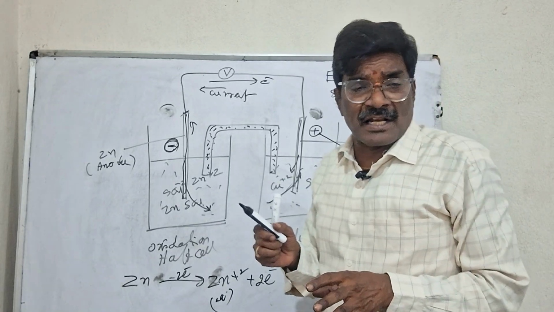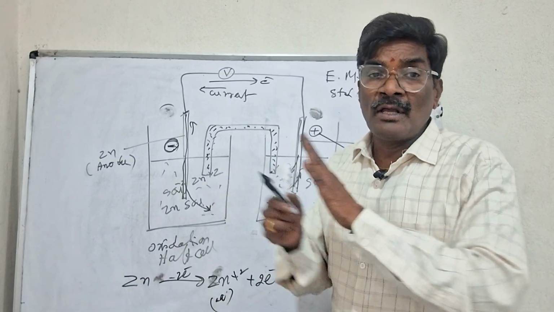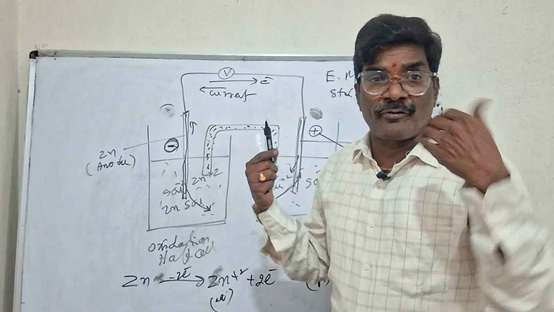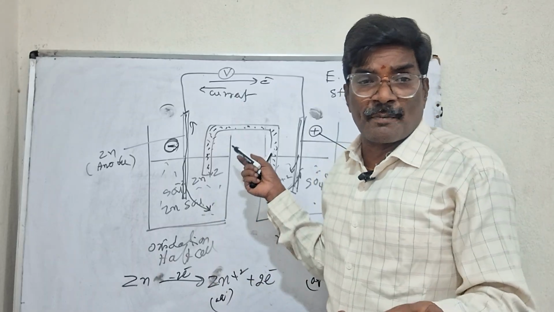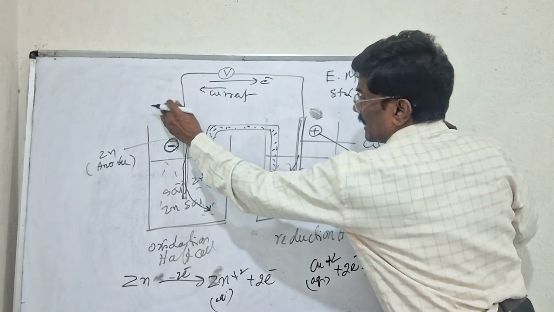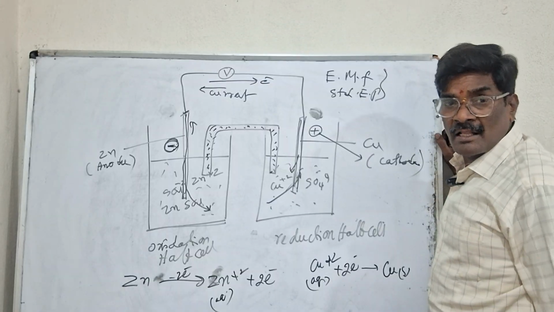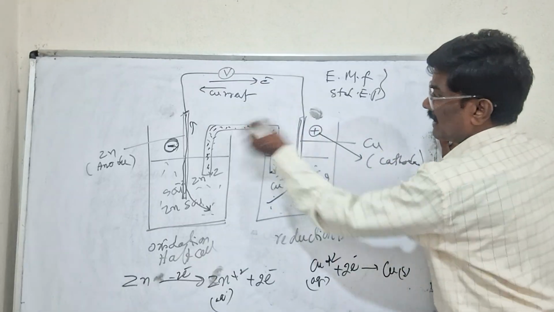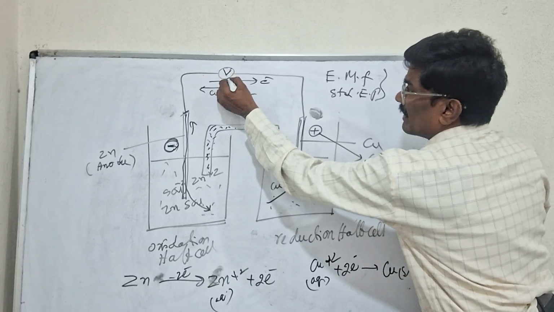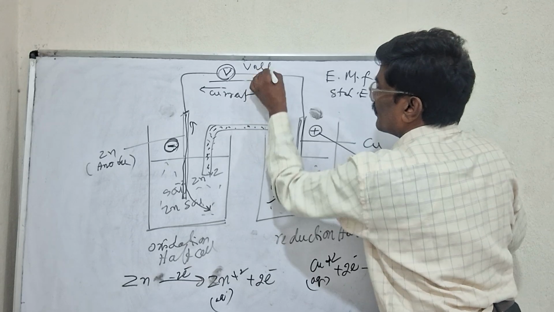These standard electrode potentials, according to IUPAC, we mention as reduction potentials only. So we don't mention the word reduction; electrode potential means it is reduction only. So this has a negative reduction potential, this has a positive reduction potential. The difference between them we can see on the voltmeter, in units of volts.